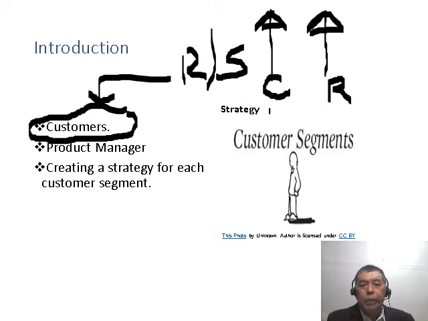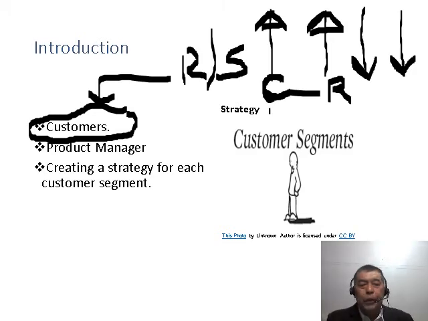So your customers and your revenues in the business are directly proportional. If your customers are reduced, your revenues will decrease as well. So they are directly proportional.